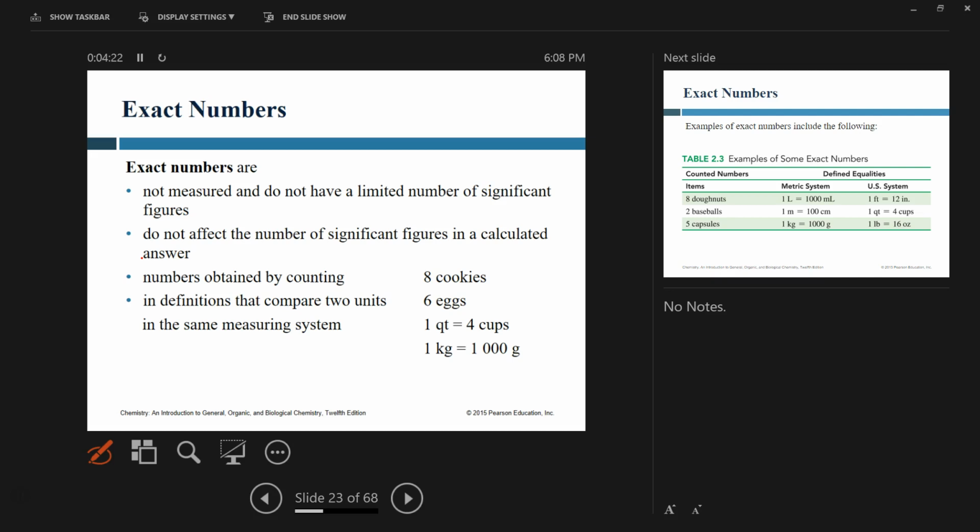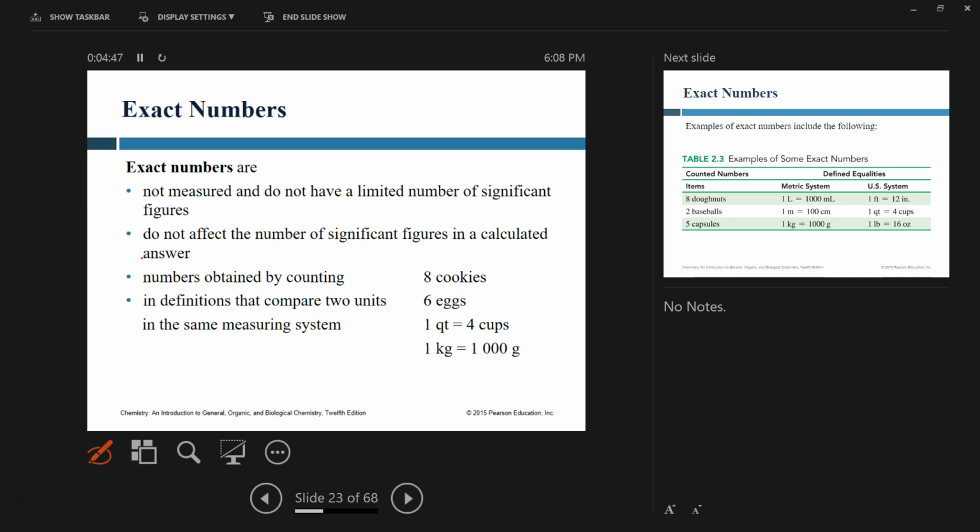Now, let's figure out the difference between the measured and the exact numbers. So, a measured number is when you measure length or mass using scales, or volume using a cylinder.